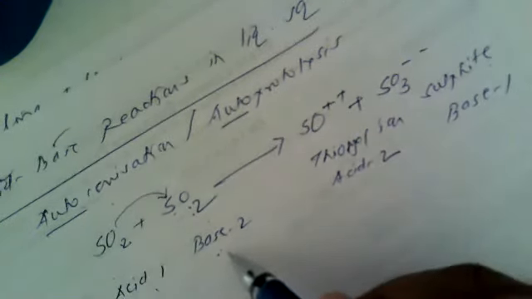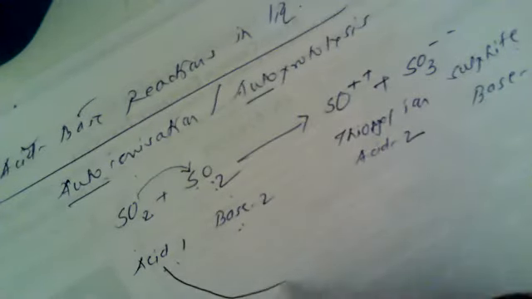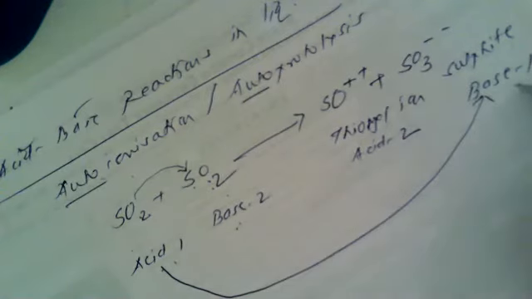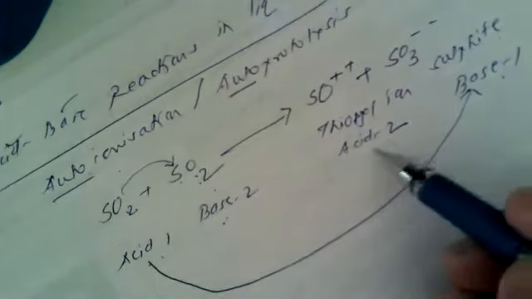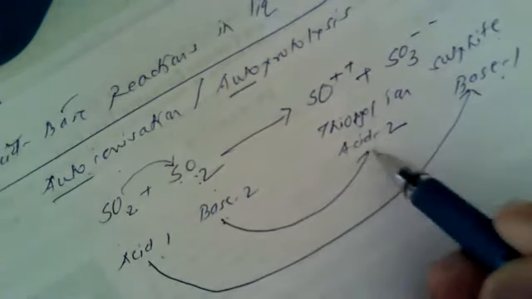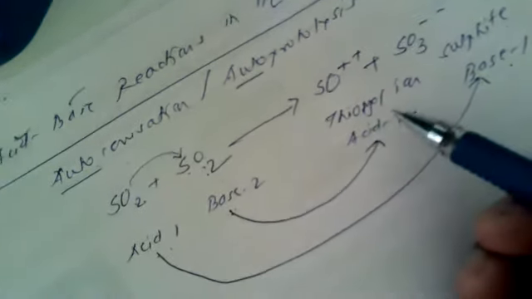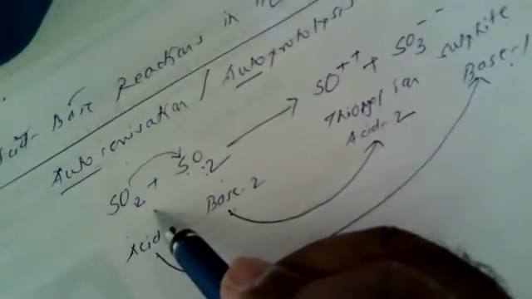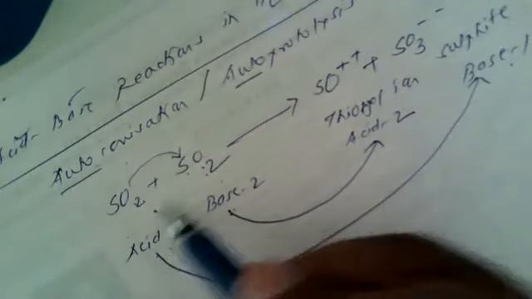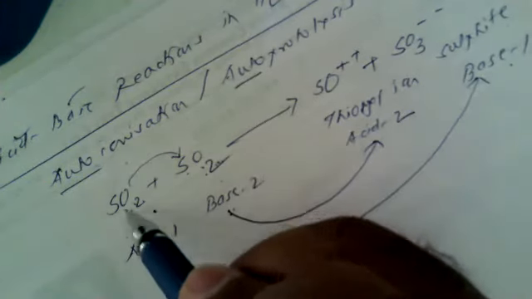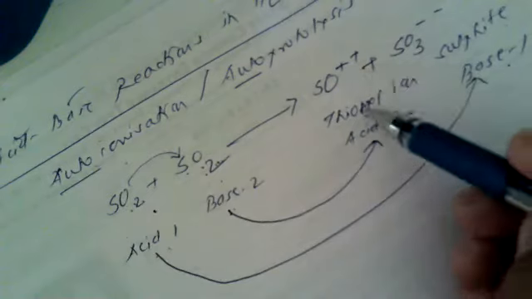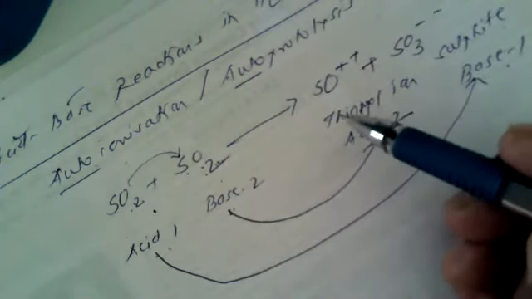So we have obtained conjugate acids and bases, that is the conjugate base of SO2 is sulfite, and for this base the conjugate acid is the thionyl ion. So when this SO2 gives one of its oxygen, it can form SO3 2 minus, and the remaining part is SO2 2 plus, that is known as the thionyl ion.